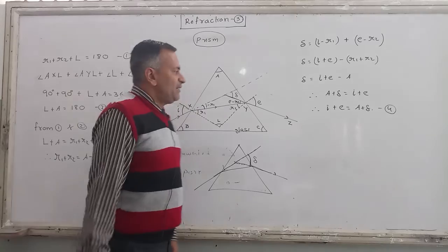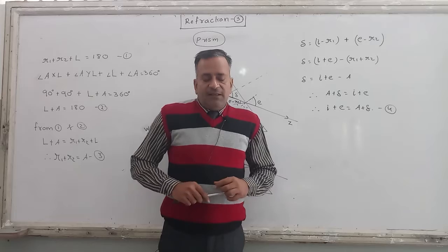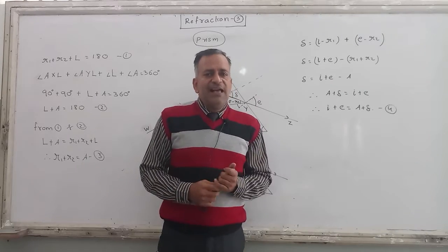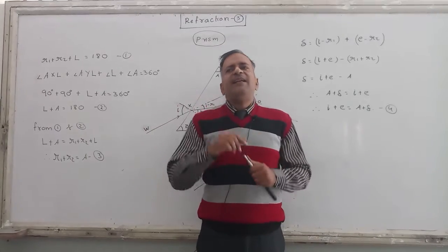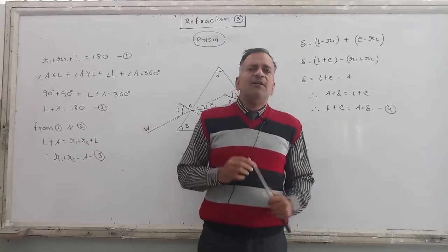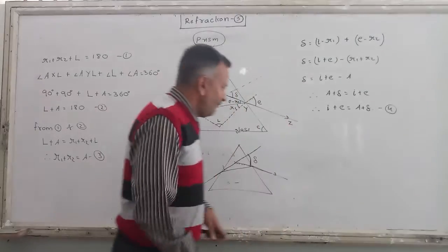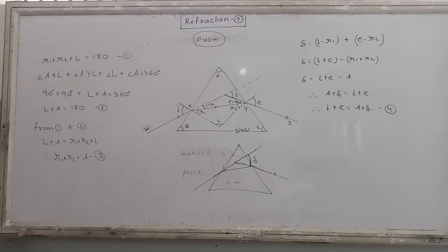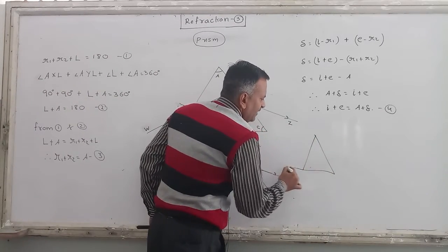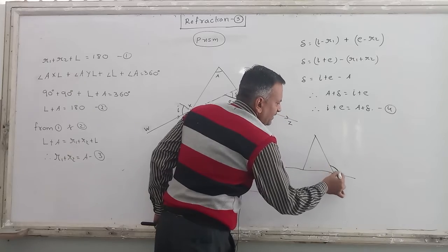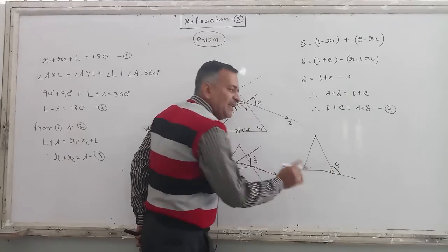Now the next part से पहले एक चीज है, दिमाग में सोच लो इसको। You have learned in class 9th or 10th about this rule. The sum of two remote interior angles is equal to exterior angle. जानते हो ना? ये बताऊं? चलो बता देते हैं। See, if in any triangle, this is a triangle, this is exterior angle, call it A. This is the adjacent interior angle, ये वाला नहीं.